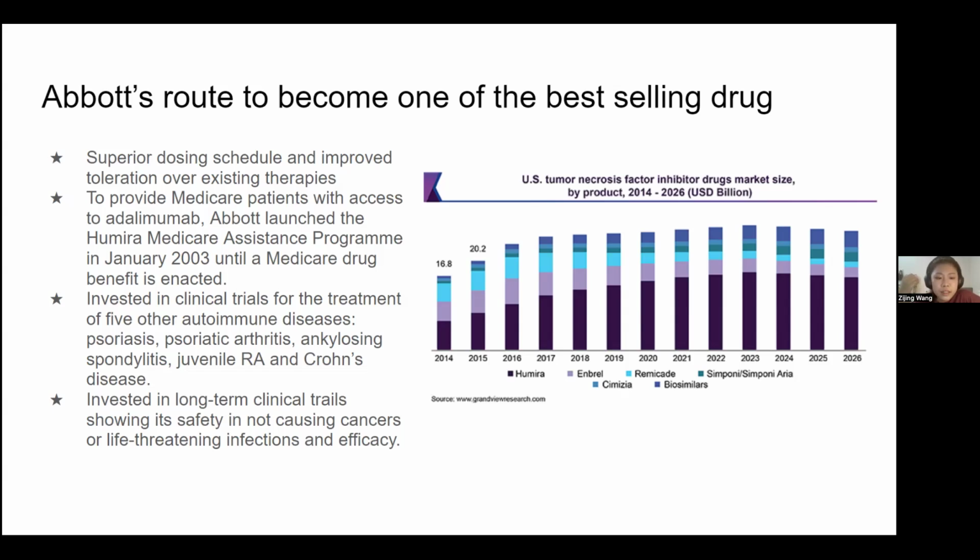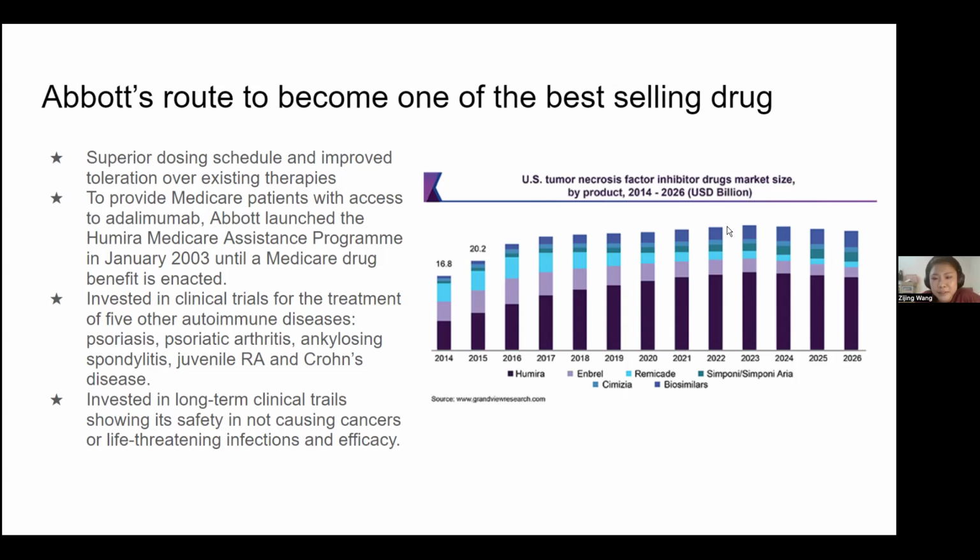So they invested in clinical trials that trace patients over a long time range, for example 8 years. They ran multiple of those long-term clinical trials to show patients it is safe and has efficacy over a wide range of time.